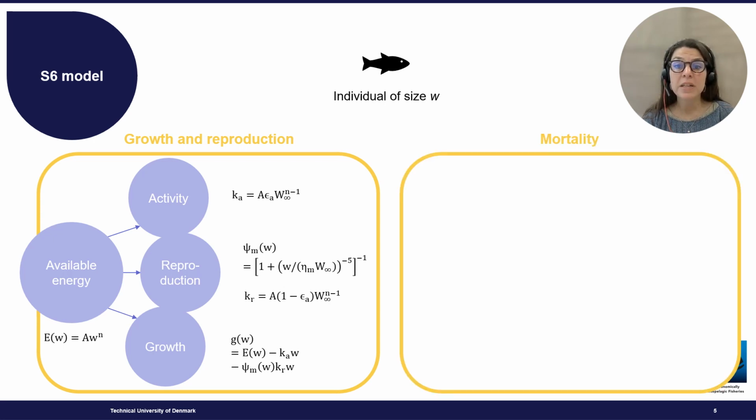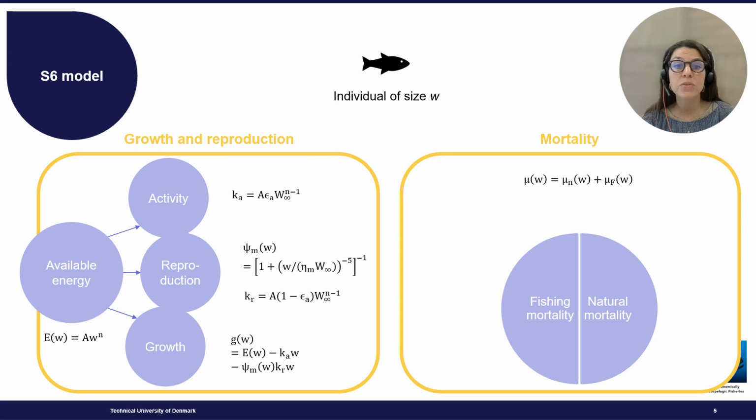The mortality, on the other hand, of an individual is size dependent, and it is the sum of the mortality due to natural causes and the mortality due to fishing. Natural mortality involves all mortality that is not induced by a fishery, for example, mortality due to predation, disease, parasites, or senescence.